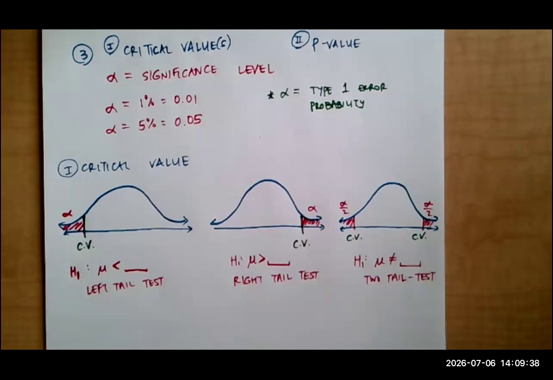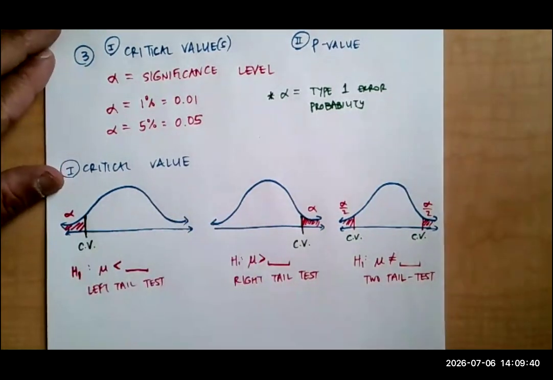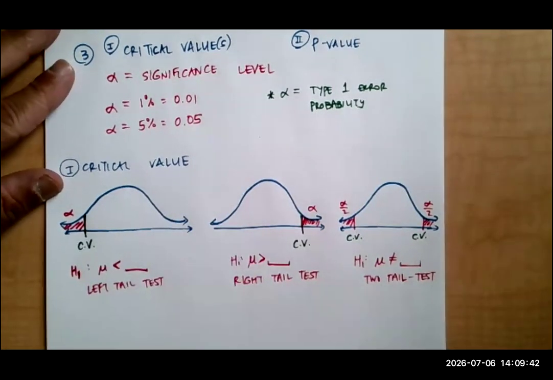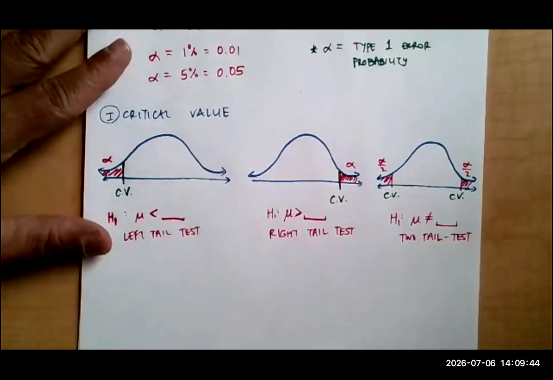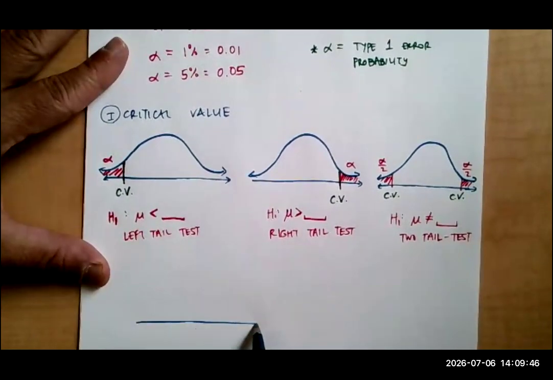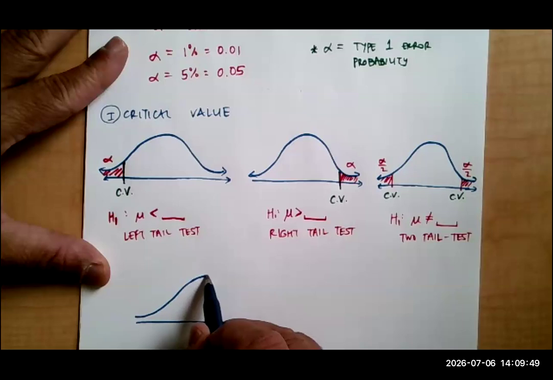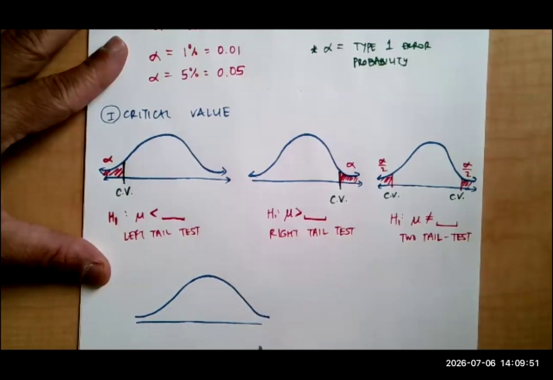And so once we have those critical values identified, and again using that left tail test as my first example, once we have that alpha, that amount of area in our tail, we see our critical value.